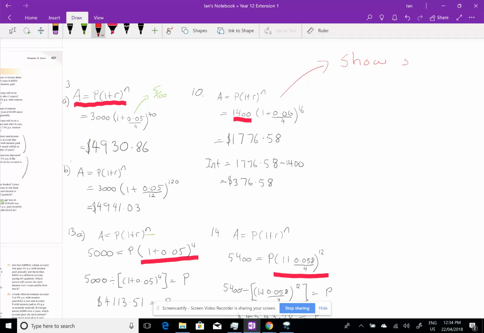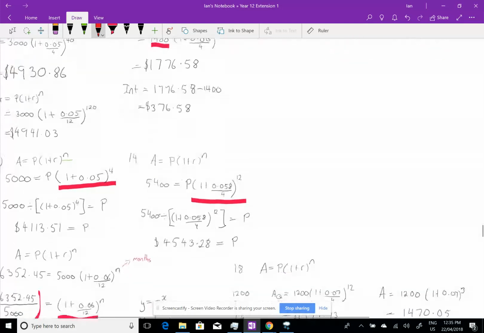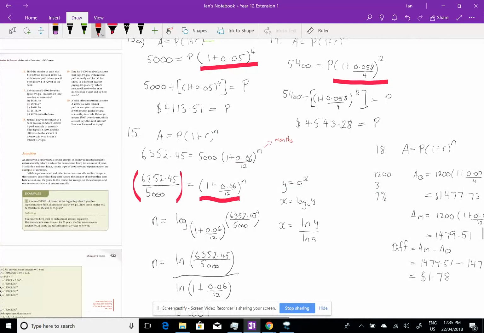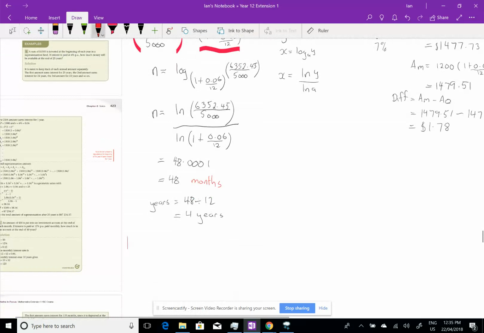That is really important, because you can work quickly and make a mistake, and if you haven't shown your substitution, markers won't know what you've done. So show your substitutions and then arrive at your answer. Remember, the hardest ones are questions 15 and 16. Good luck.